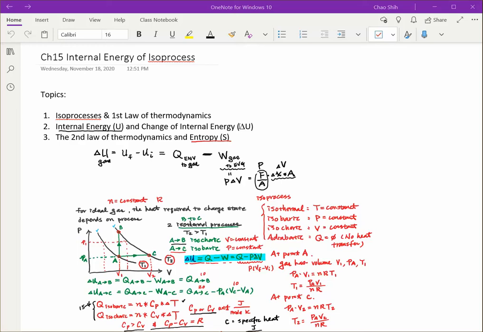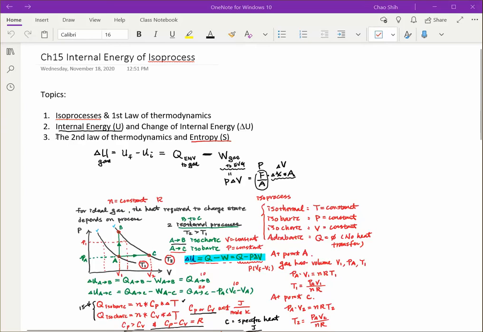So gas at 1 atmosphere pressure in 1 cubic meter is going to be different from 2 atmosphere pressure and 1 cubic meter volume. That defines how the element is, and the internal energy is defined by these states as well. We're going to see that in some examples later.